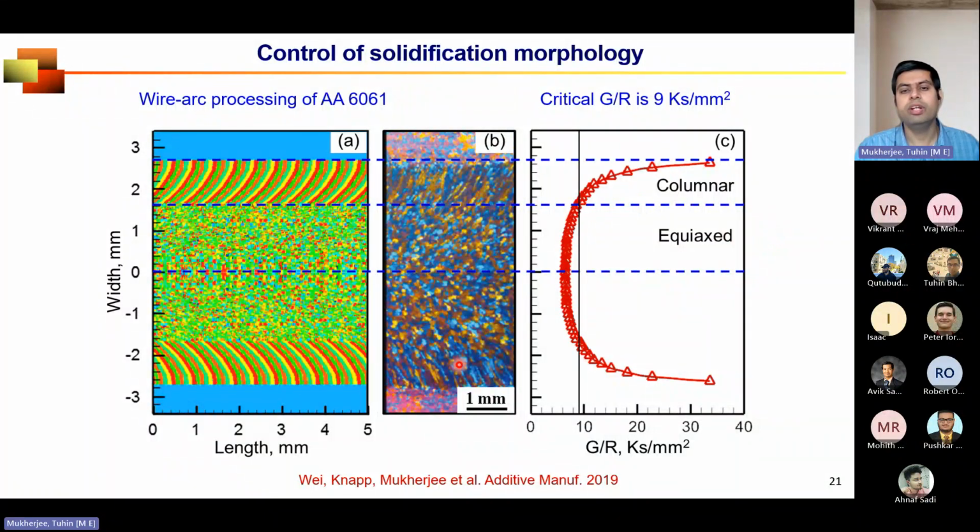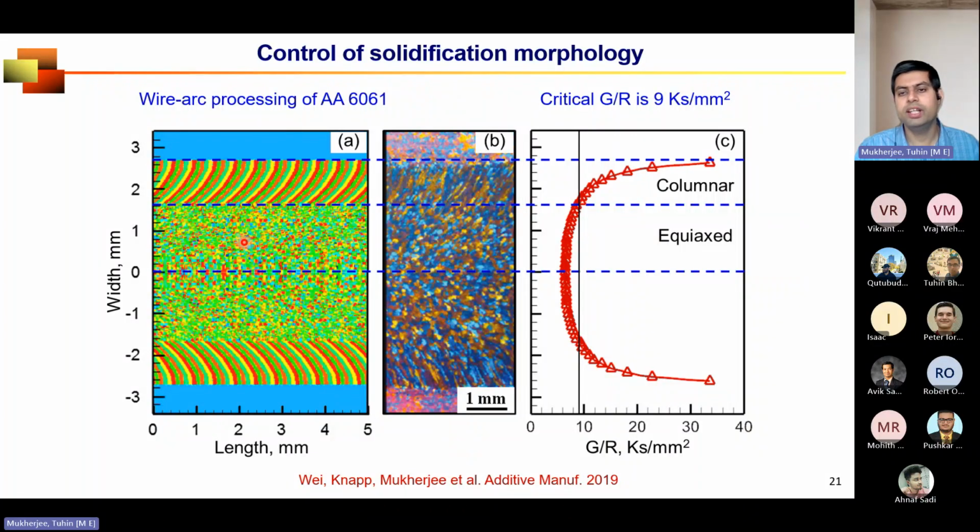So across the width we plotted this G by R, and we will see that this 9 Kelvin second per millimeter square line, based on which this region is columnar and this region where the slope is less than 9 is equiaxed, is exactly following the experimental observation.